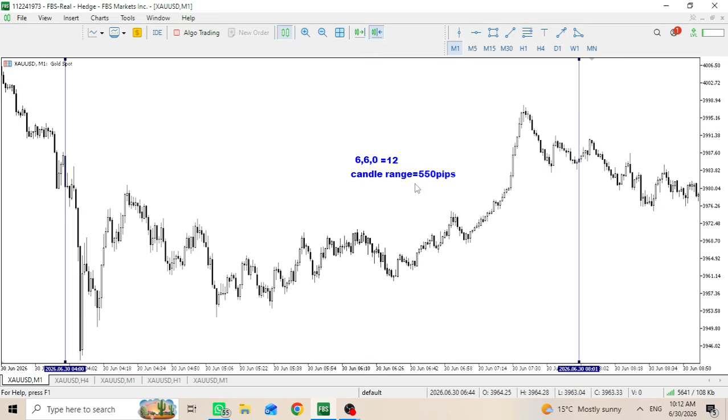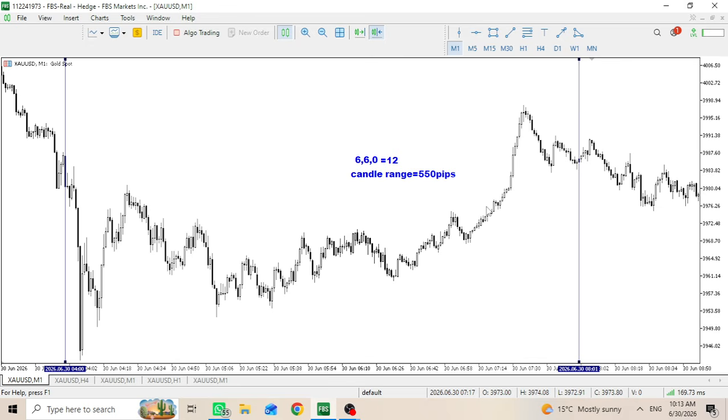This is the candle range. I will take 6. I divide by what? You take the middle number, you divide by the total times the number of pips. So it's 6 divided by 12 multiplied by 55, so I'm getting 27.